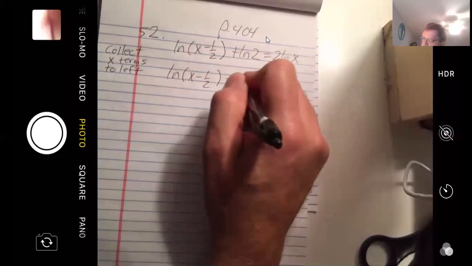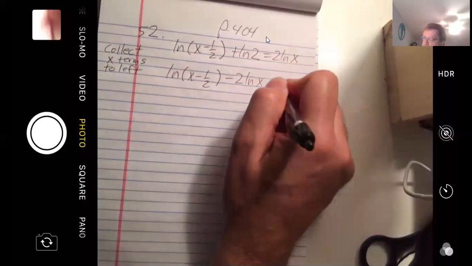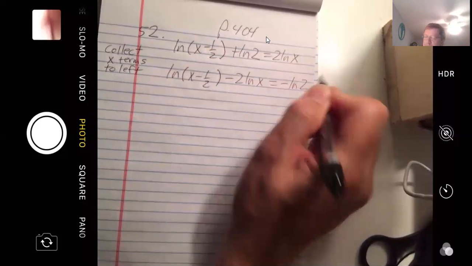All right, on this one, you're going to want to collect the x terms to one side, I'm going to say to the left. As long as they're on the same side, that means I'm going to go ln of x minus a half, minus twice ln of x. On the other side, negative ln of 2.